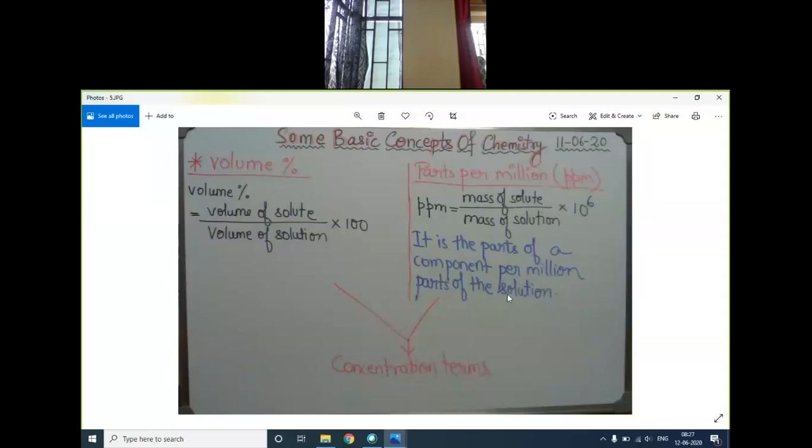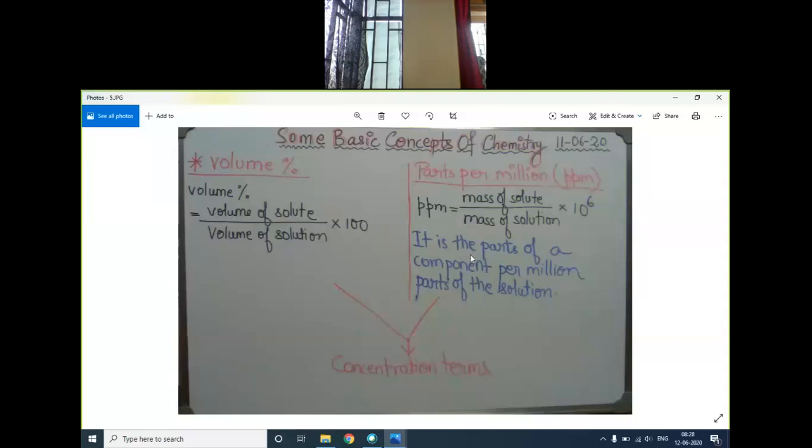If we make million parts of the solution, how many parts of that component is there? It's the parts per million of that component. If we make million parts of a solution, the parts of a component is parts per million of that component.